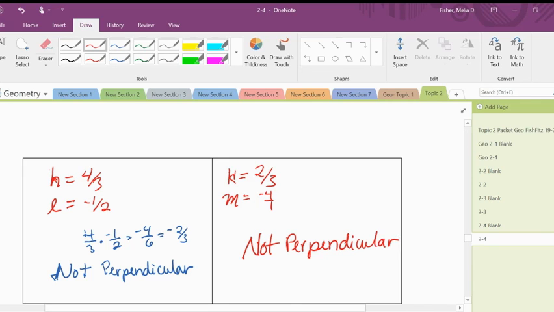They're also not parallel, but they're not perpendicular. So if I multiply those together to check, 2/3 times negative 4 over 1 equals negative 8 over 3. That definitely does not reduce to negative 1.